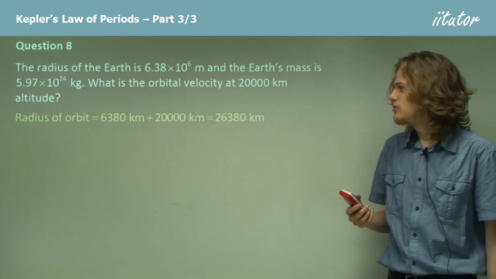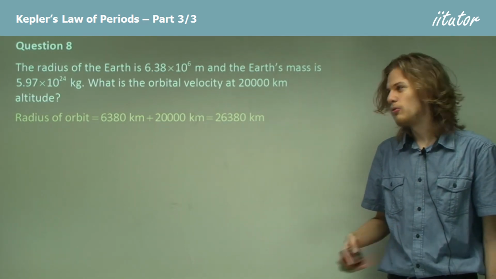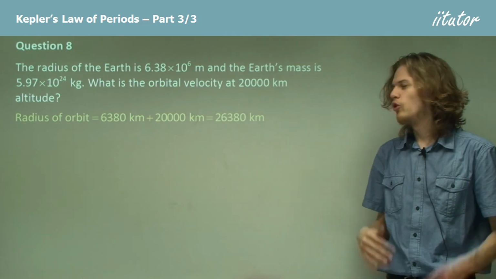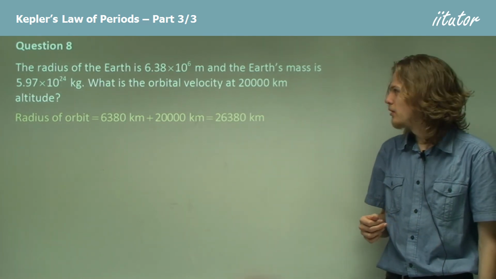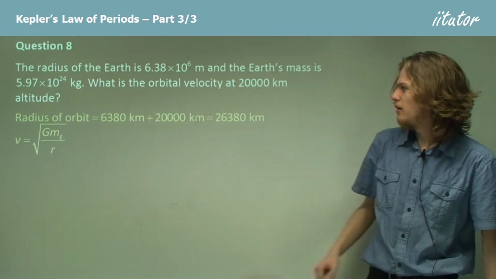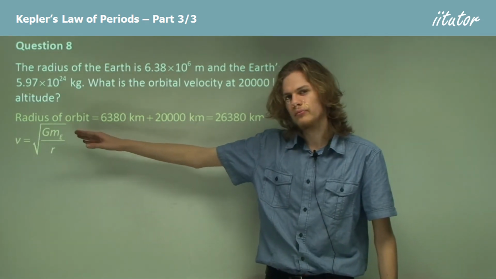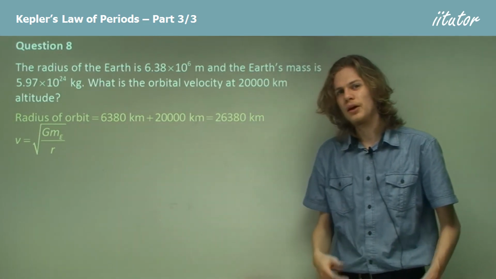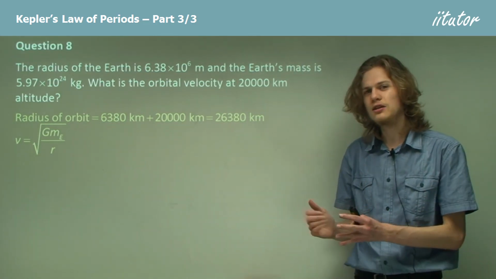So now we can use Kepler's third law in order to figure out what the orbital velocity will be. Or not Kepler's third law, sorry, our equation for orbital velocity based on centripetal force and gravitational force.